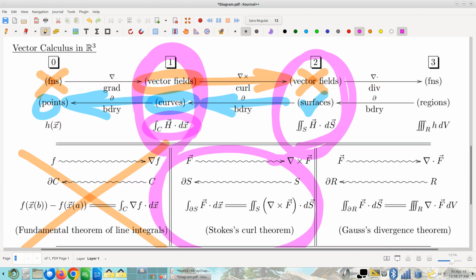Of course, that's exactly what Stokes' theorem says right down here in the algebra, but I like the way it just leaps off the page at you in the diagram. Okay, so we have an option.